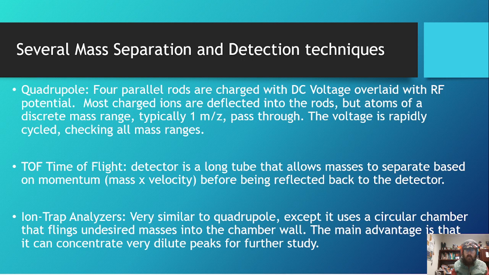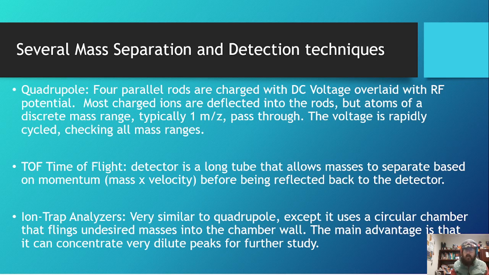Well, one method is called the quadrupole. Basically, quadrupole means 4 poles, and we create 4 parallel rods. We create a voltage overlaid with a radio frequency potential. The idea is that by varying the potential, we can vary what ions get through.